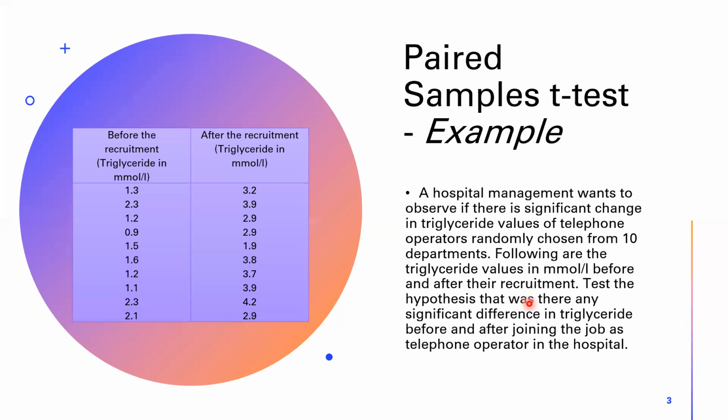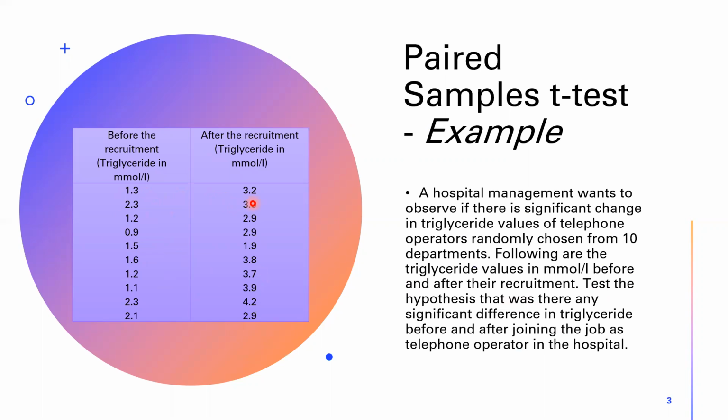We have to test the hypothesis of whether there was any significant difference in triglyceride value before and after joining the job as a telephone operator in the hospital. So we have 10 observations, like 10 telephone operators, and their triglyceride levels were observed before the recruitment and after the recruitment.